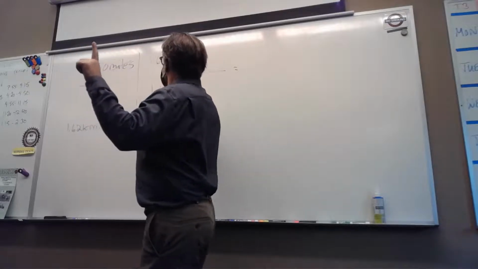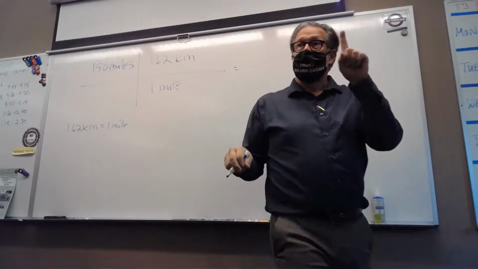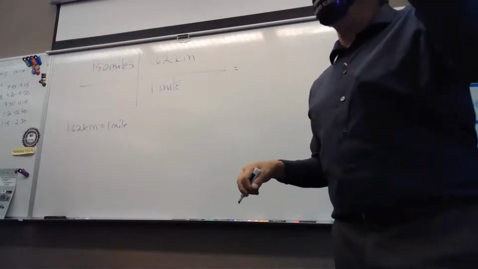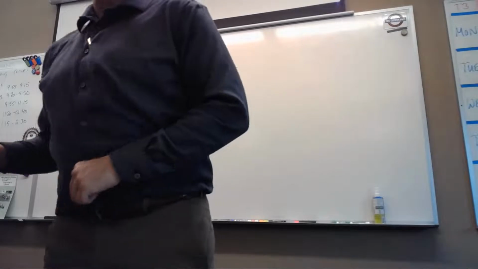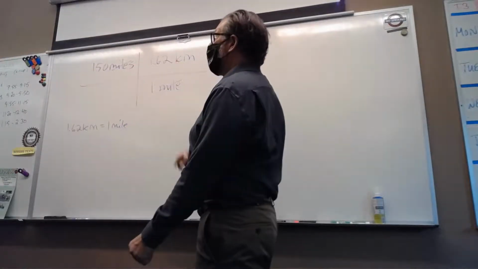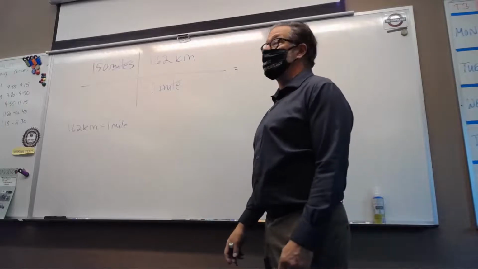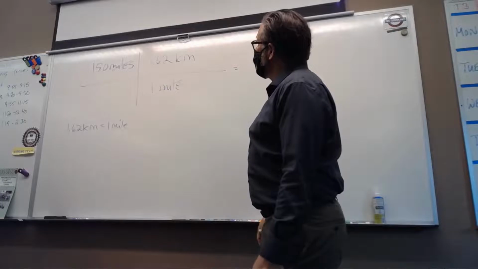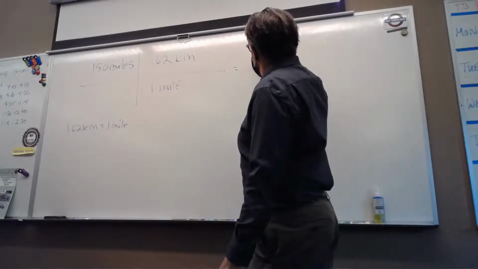You get to leave it out though. Anything divided by itself is 1, including units. Agreed? So now I know that it's 150 times 1.62, which is 243.